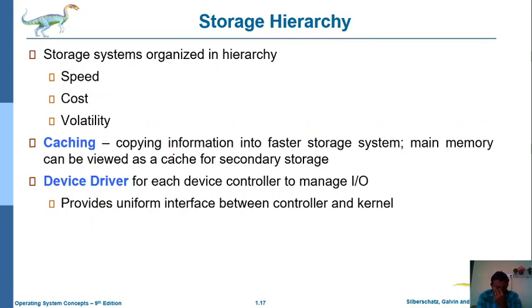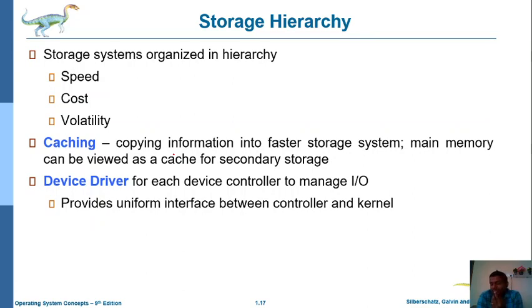Whenever we are copying the data from one device to another device or from one memory to another memory, to complete any specific process, we are transferring the data from a slower speed memory device to a higher speed memory device. That process is known as caching.